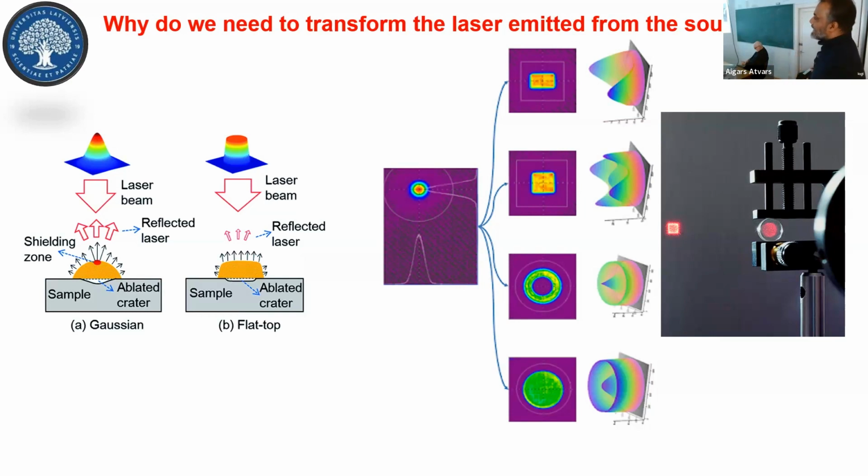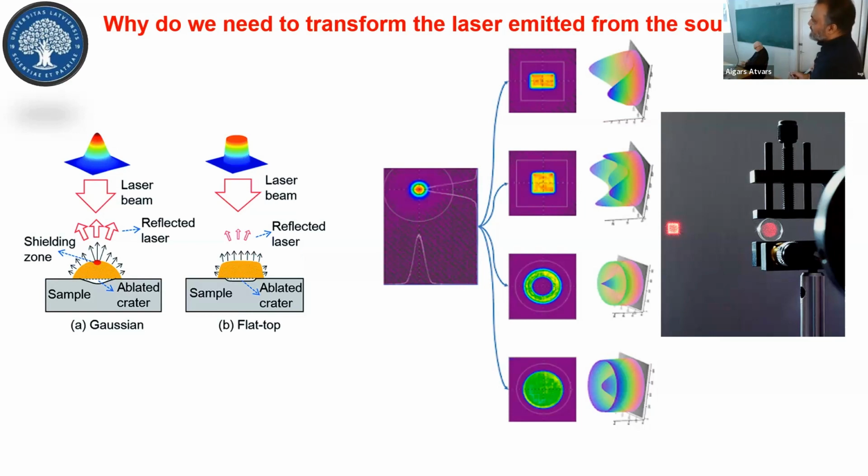So the laser ablation is accurate and precise if you use a flat top beam instead of a Gaussian laser distribution. This is one promising application that explains why we need to transform the laser emitted from the source. Here I transform the laser from Gaussian to the desired shape. My desired shape is a flat top.